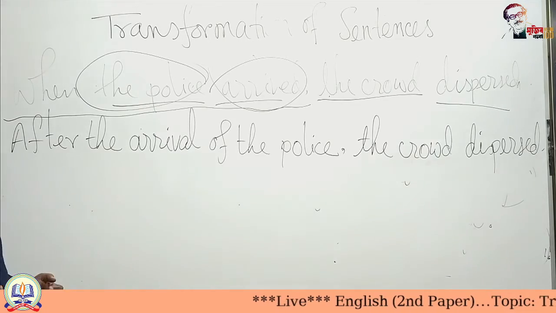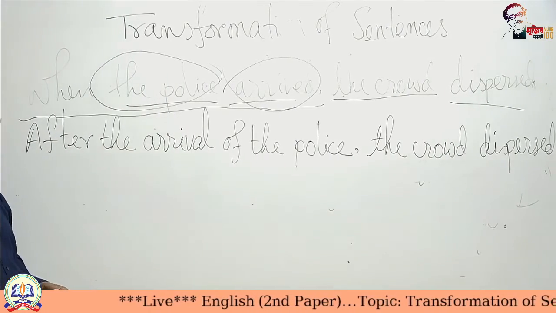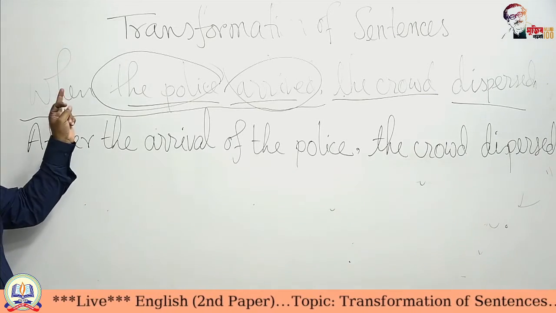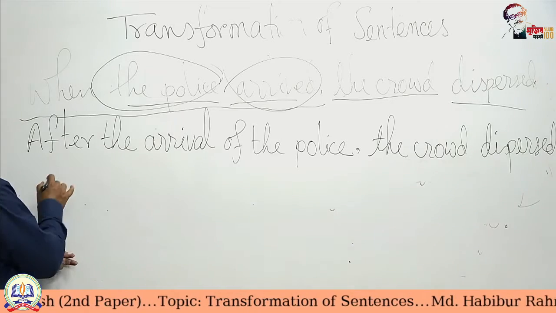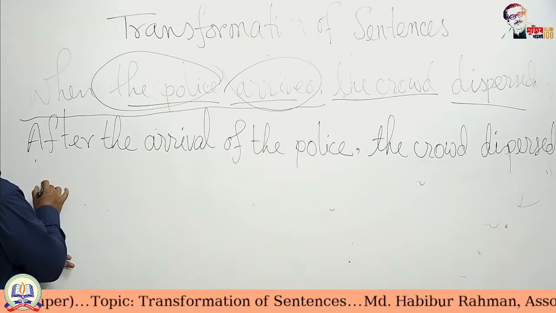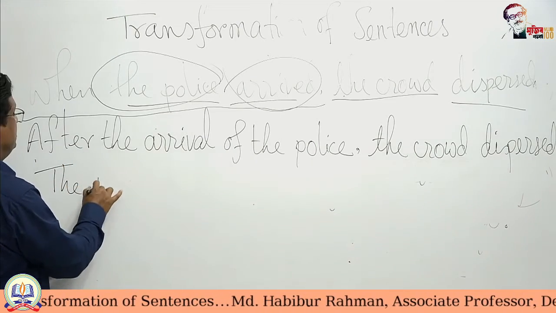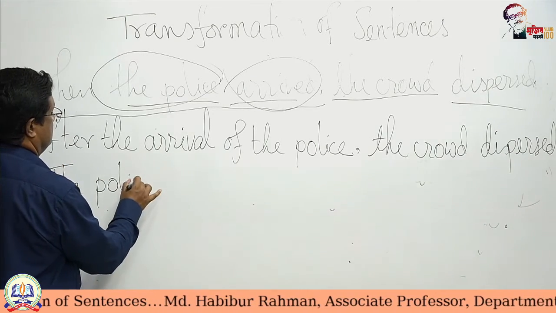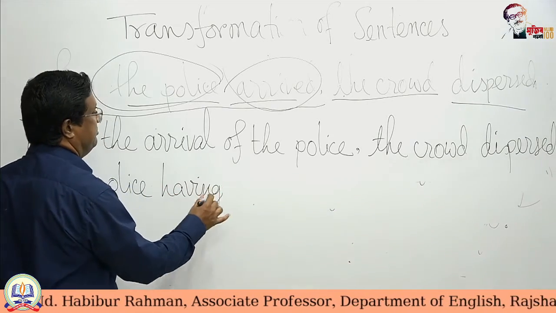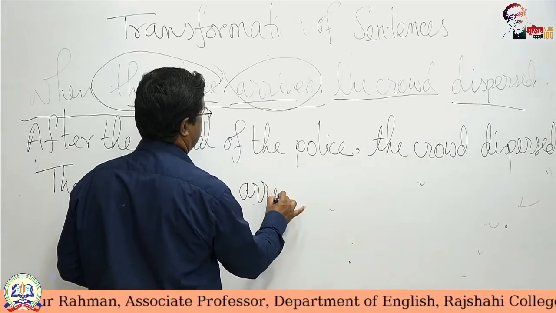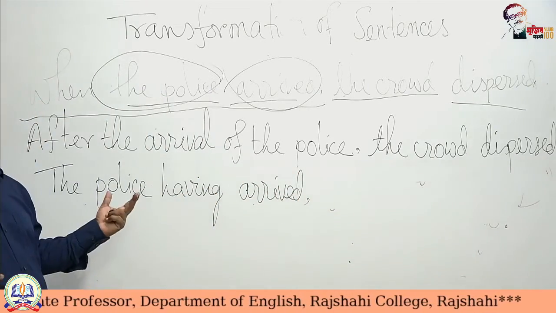This is one way. You can also use the present participle with perfect form here to change this. You could also use this sentence in this way: The police having arrived, what happened?